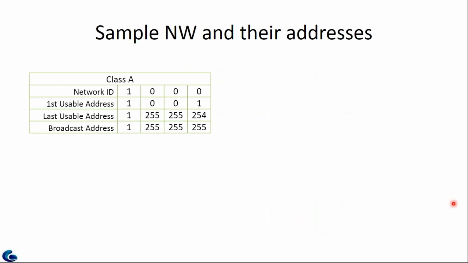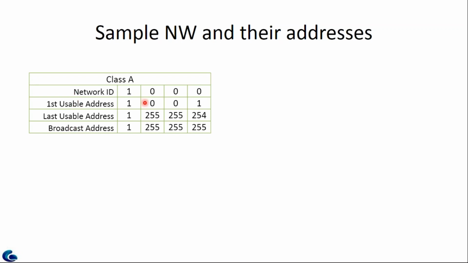Let's look at some examples. For example, I take a class A. There is a network ID. The very first value is the network portion, and the rest is the host portion. What you are noticing is that all the host bits are 0. Trust me, if you have a network ID and all the host bits are 0, that is referred to as the network ID. And when all are ones, for the same network portion, if you have all the host bits as 1, it's a broadcast address.